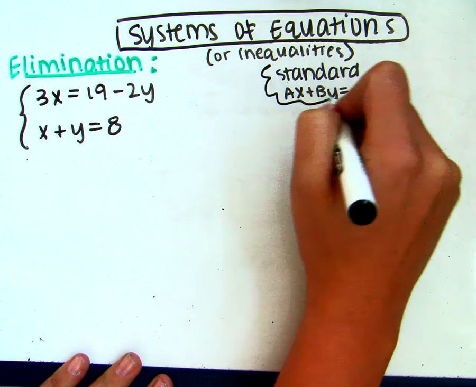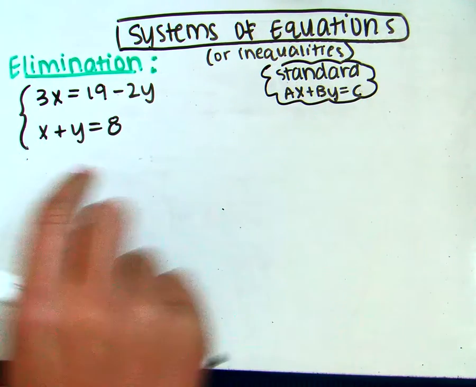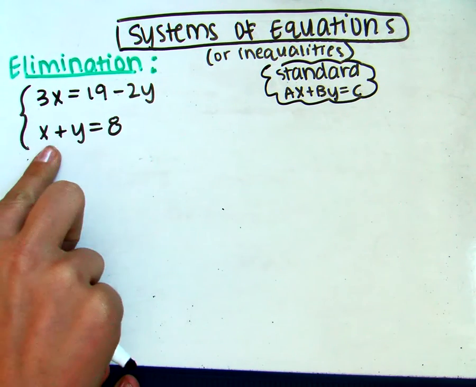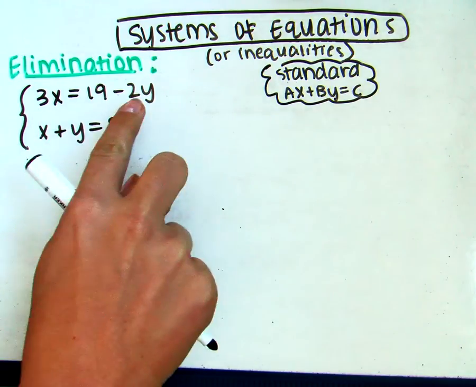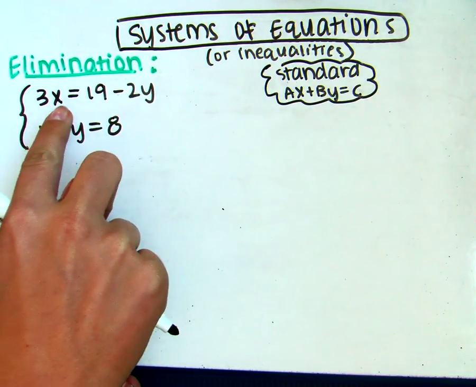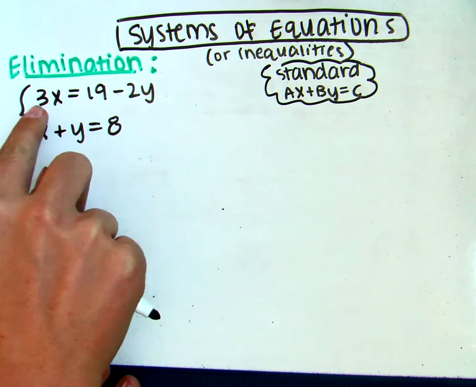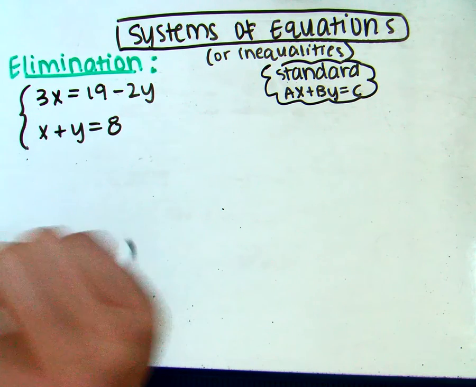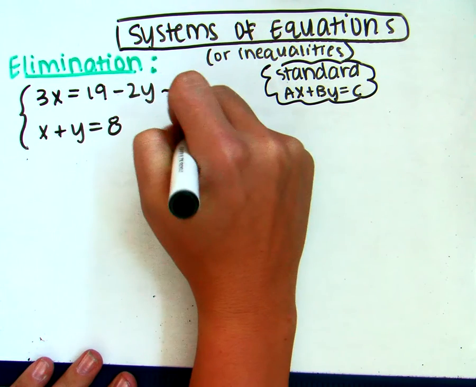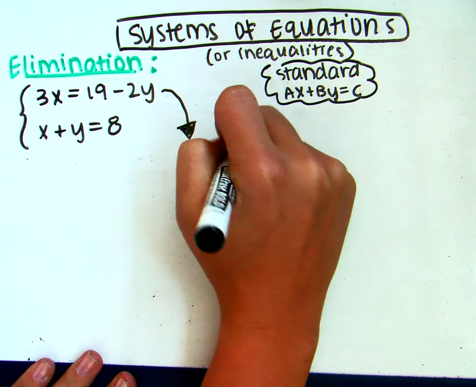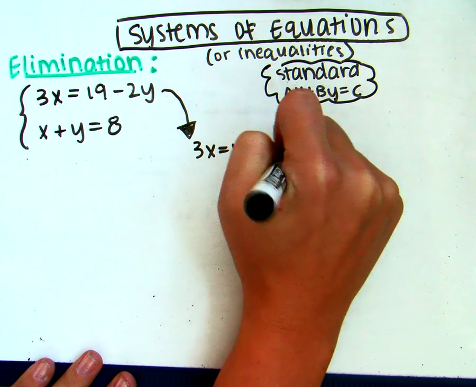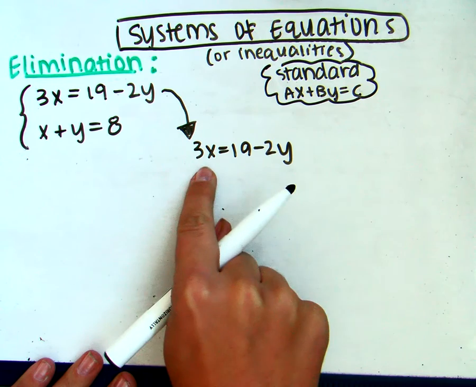So right now, if you look at our equations, this one's fine. It goes X and then Y equals our constant. But this one is messed up. Our X is on our left side of our equal sign, but we have to get this Y over there in order to use elimination. So I'm going to bring this guy down and change him. I need to get this Y on the left side of the equal sign.